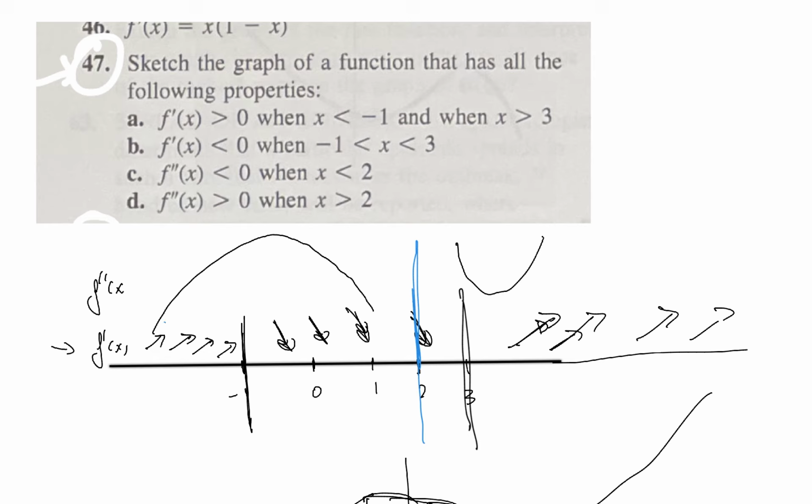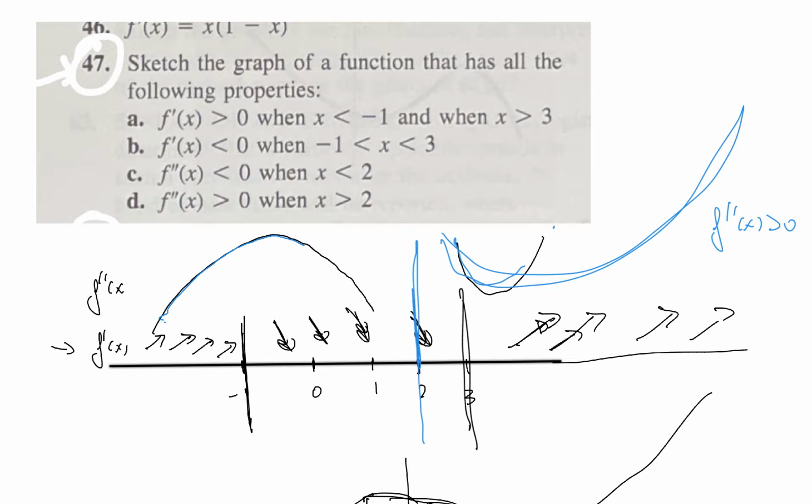This means that the concavity is concave downward. And for x bigger than 2, the concavity is concave upward, because f second of x is positive.